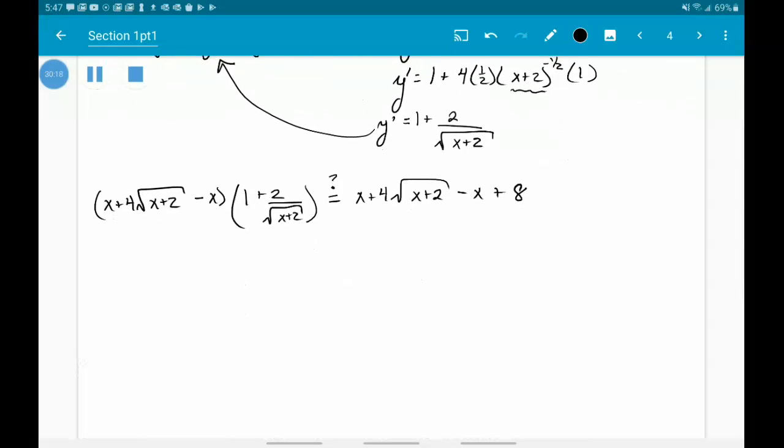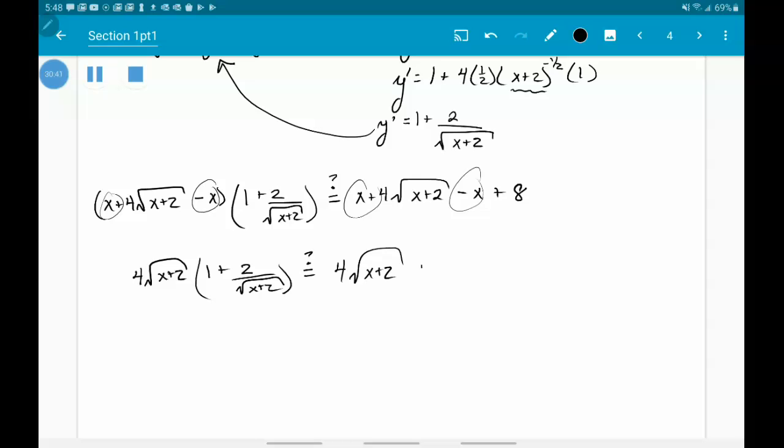So let's do some fancy math here. Those x's are going to cancel out. We're going to be left with 4 times the square root of x plus 2 times 1 plus 2 over square root of x plus 2. We want to know, is that equal to what's over here? Well, those are going to cancel. So we have 4 square root x plus 2 plus 8.